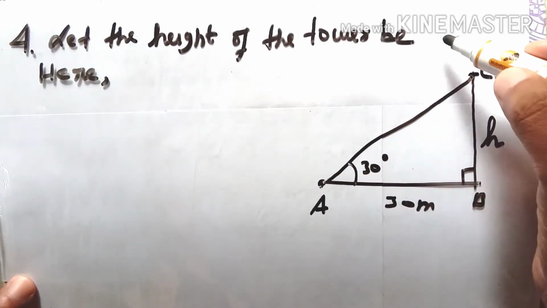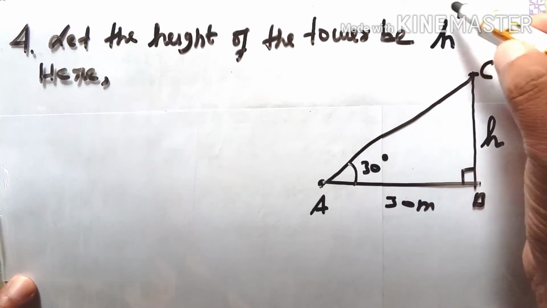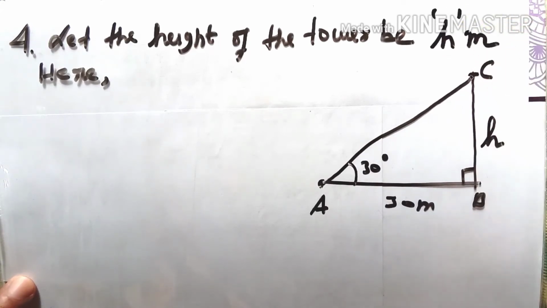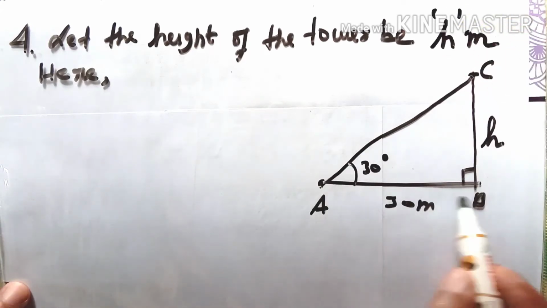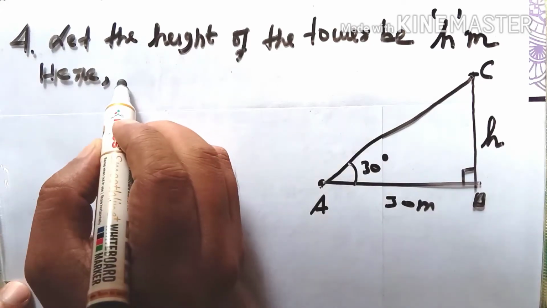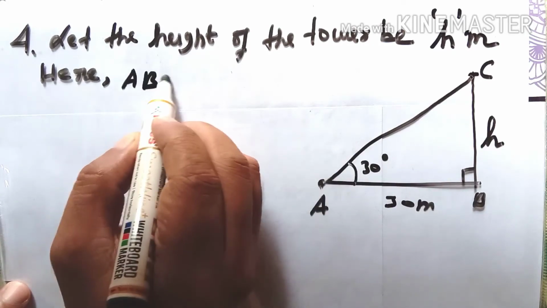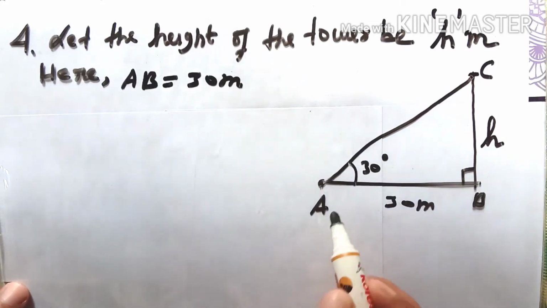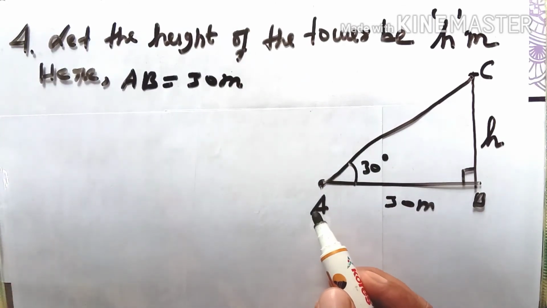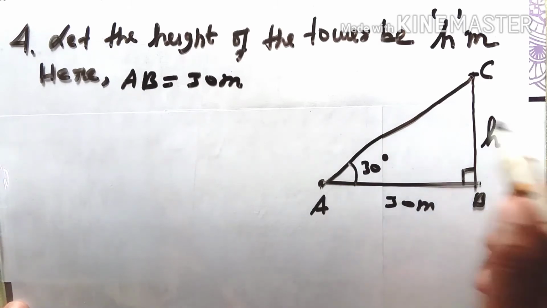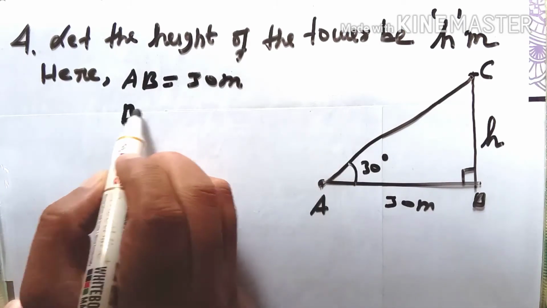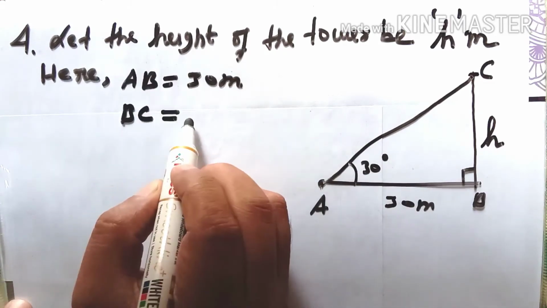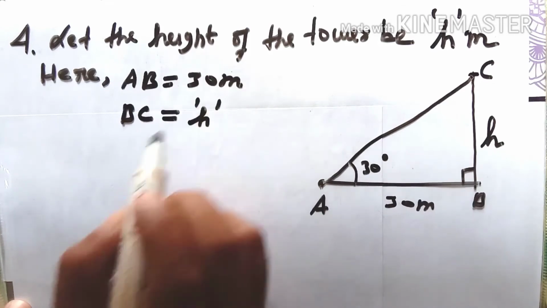If not, we can take a small letter h and the unit is meter. Such that I have labeled AB, that is the ground. AB be the ground, which is given as 30 meter, the distance from the foot of the tower to the given point. And the height of the tower BC, I have denoted by a small letter h.